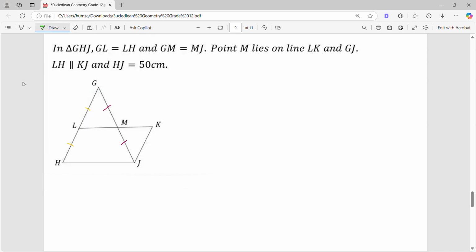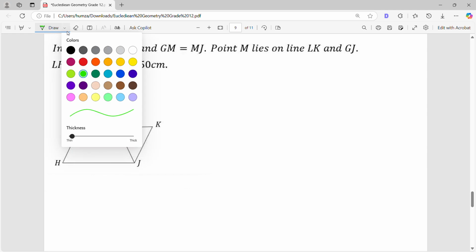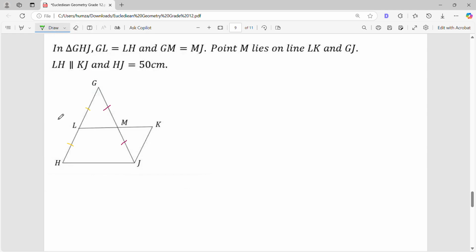Now point M lies on the line LK and GJ, and another information they gave is LH is parallel to KJ, and HJ is equal to 50 centimeters. Now the question can come out like that.